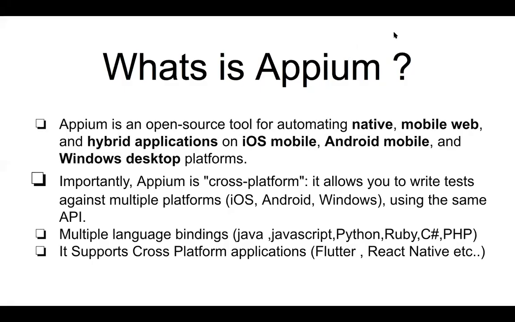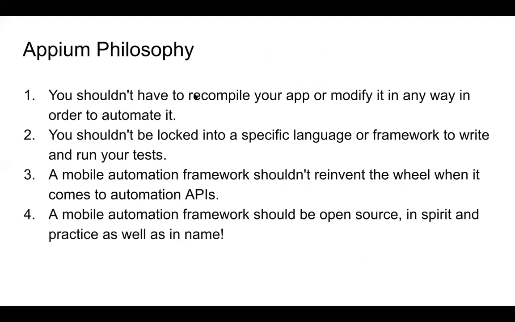Then we have, what is the Appium philosophy? Actually, Appium is developed on a certain philosophy. The first one is you should not have to recompile your app or modify it in any way in order to automate it. That means Appium does not want to change anything in your application.